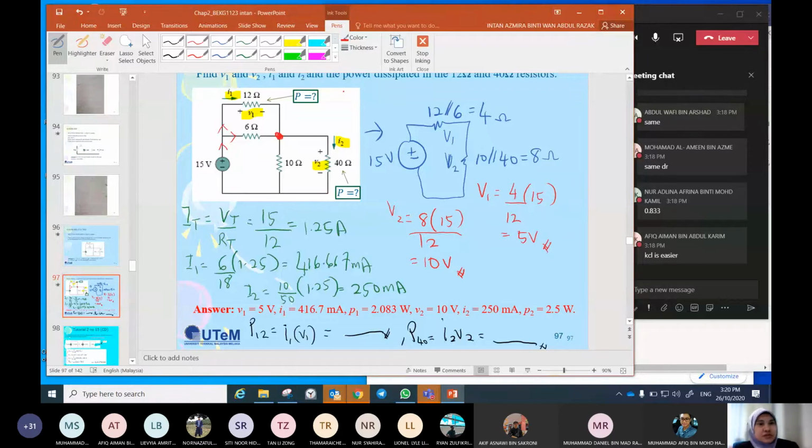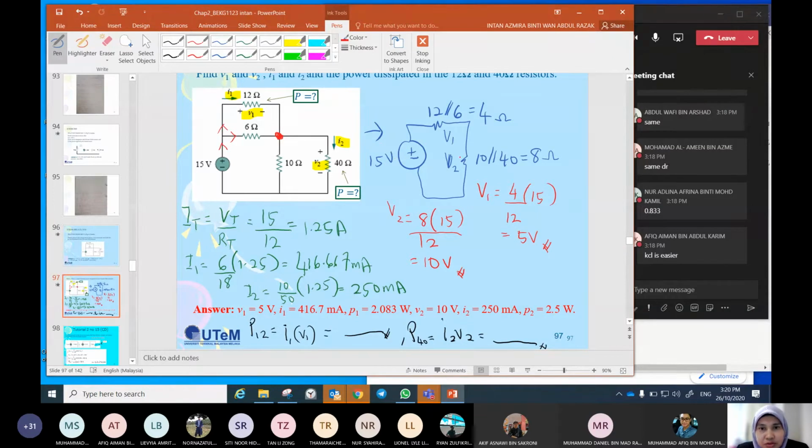And then we want to find V1 and V2. V1 we can find using two methods: either V equals IR, which is Ohm's law, or the voltage divider principle.